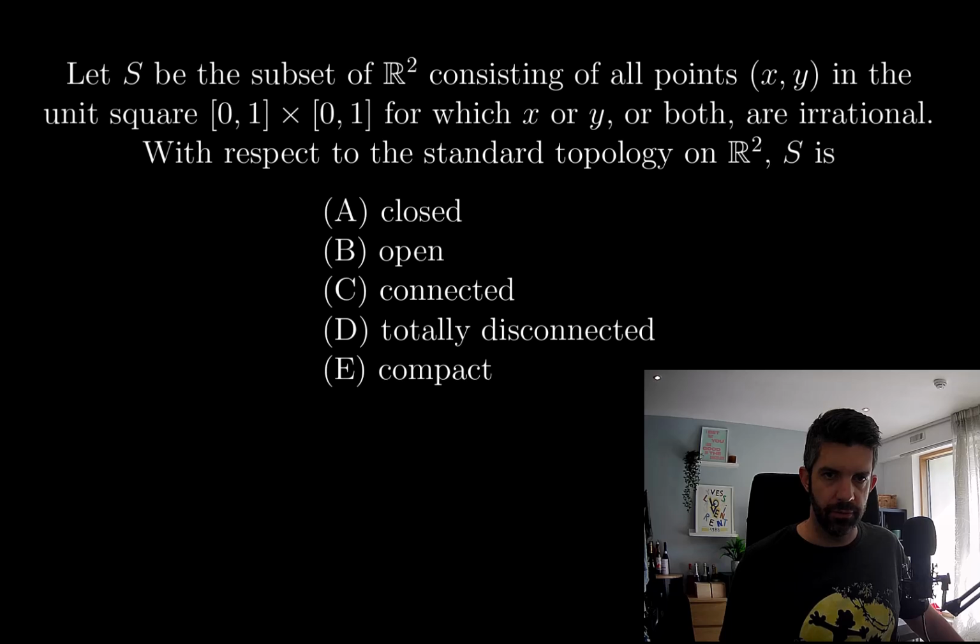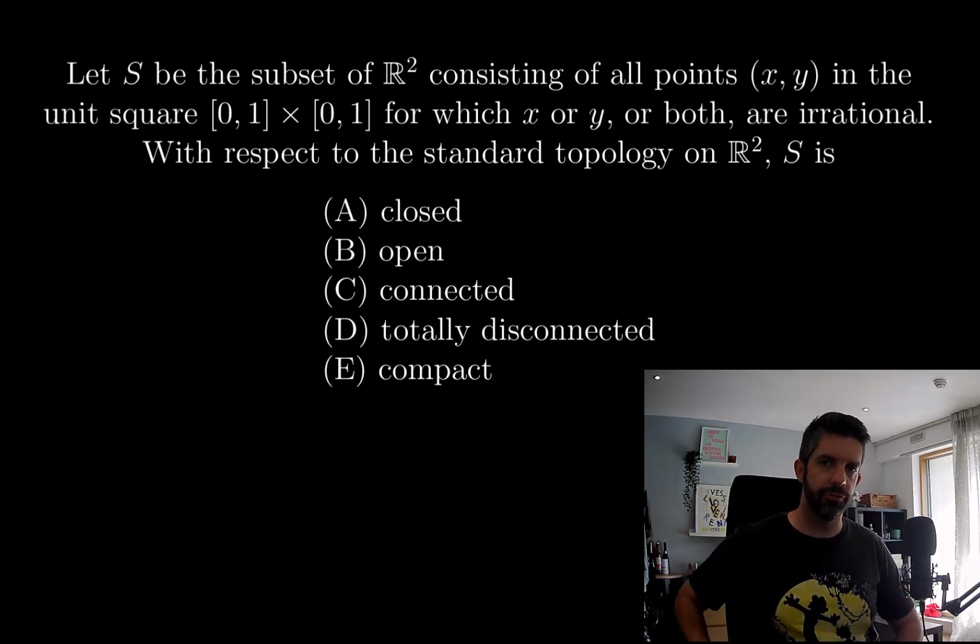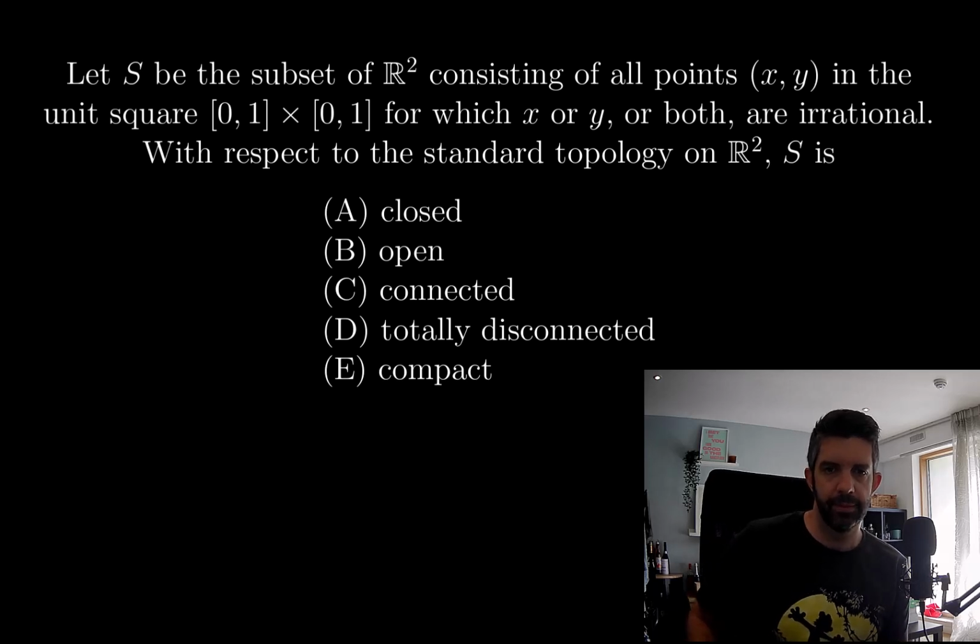Well, it's not closed, right? The definition of closed is that it's the complement of open. I mean, what does the complement of this set look like? Is it the set of all rational?